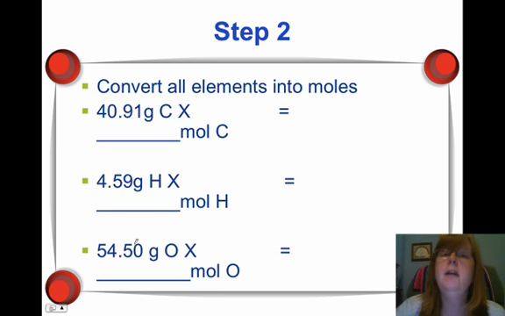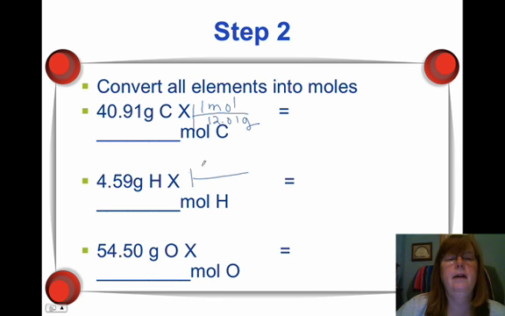So again, step 1, change that percent sign into grams. Step 2, convert our grams to moles. And we do that by dividing by the molar mass. So 1 mole of carbon has a molar mass of 12.01 grams, 1 mole of hydrogen has a molar mass of 1.01 grams, and 1 mole of oxygen has a mass of 16 grams.